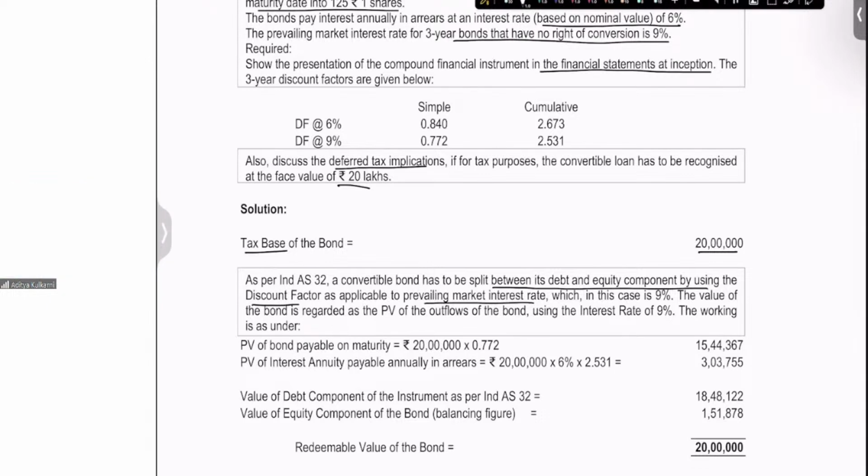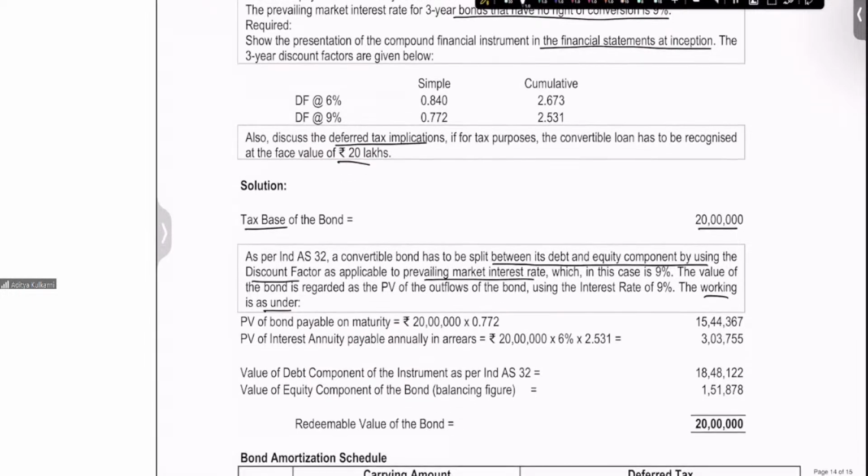The working is as under. Now you know this better than me, but I'm still running you through that. At the end of maturity, you are going to pay the 20 lakhs. So 20 lakhs into 0.772. So this is going to give me 15,44,367. Interest is going to be paid annually.